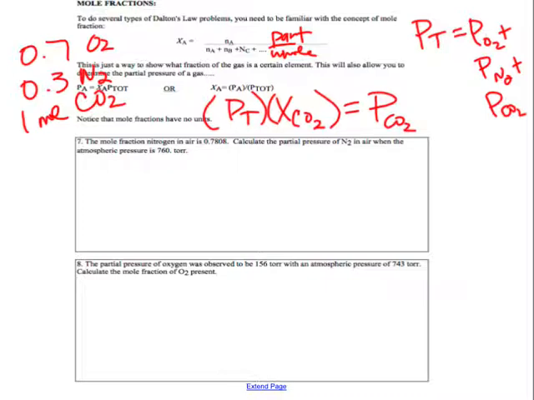So if this were 600 millimeters of mercury, for instance, and we know the mole fraction of CO2 is, what, 0.5, what would the pressure then, the partial pressure of CO2 alone be in the system? 300. And that's what's really cool about mole fractions. So we're going to specifically use them to just figure out partial pressures of gases and systems. It really couldn't get any easier.